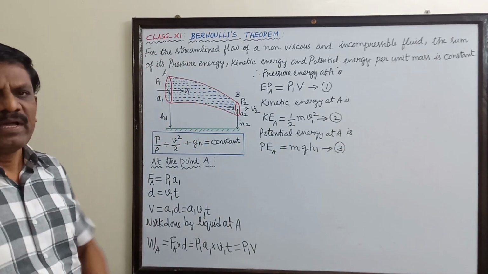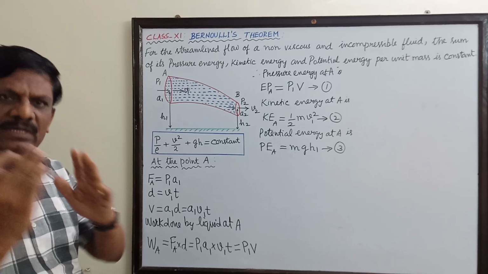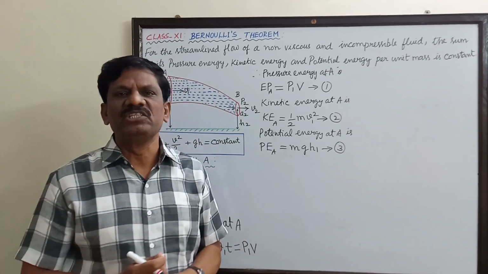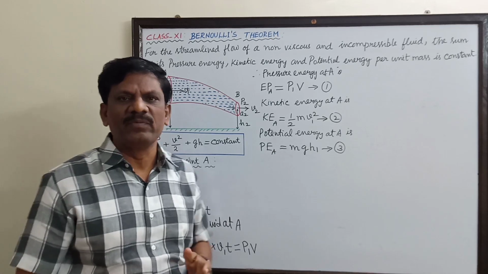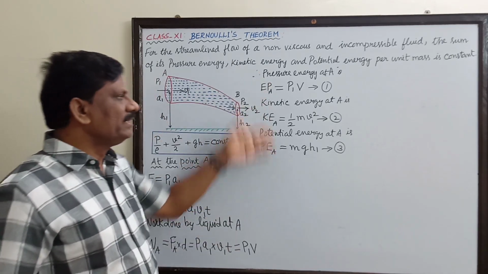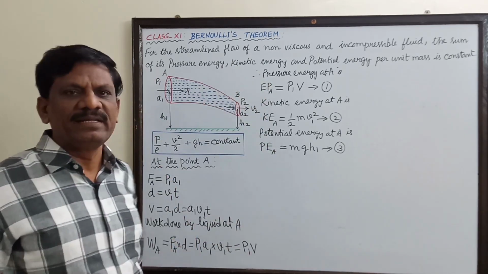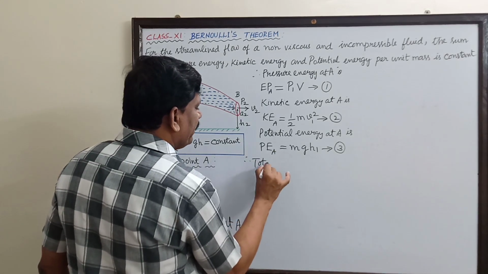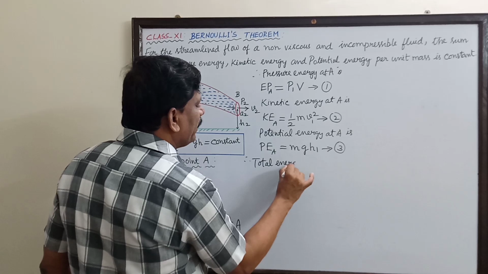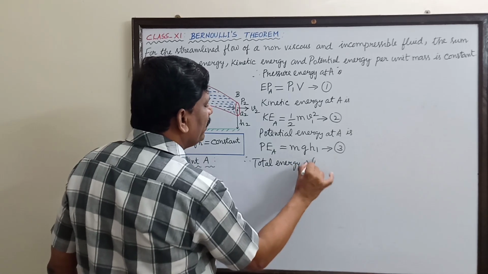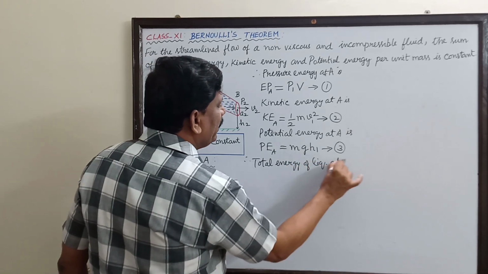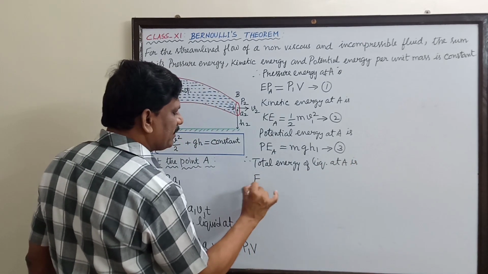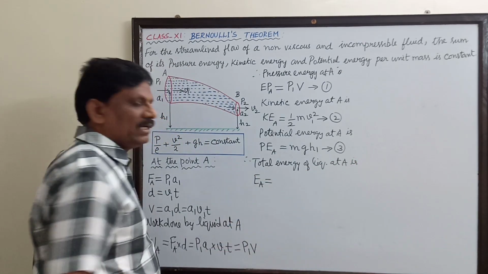So I have written the expressions for the total pressure energy, total kinetic energy and the total potential energy for the entire mass of the liquid. If I add all these three, what I get is the total energy of the liquid. Therefore, the total energy of a liquid at A is taken as EA.